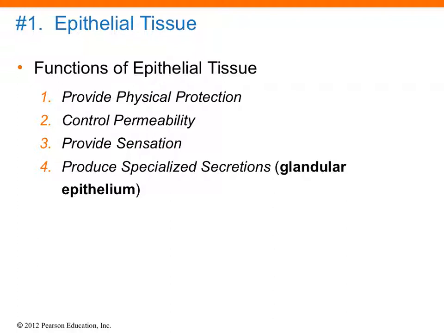Let's get into the epithelial tissue. The functions of the epithelial tissue include 1. Providing physical protection, 2. Controlling permeability, 3. Providing sensation, and 4. Producing specialized secretions. It's called glandular epithelial.